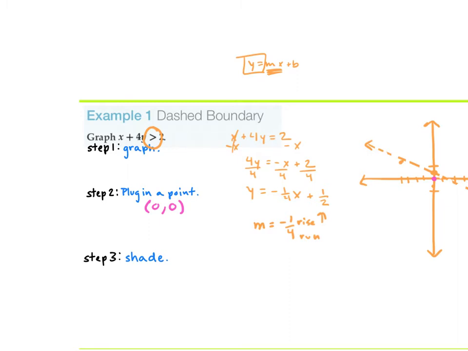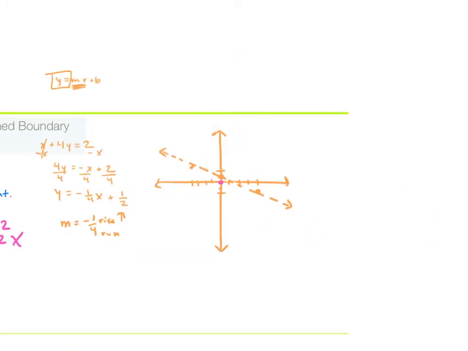So we're going to plug in 0 for x and 0 for y. So we have 0 plus 4 times 0 is less than 2. No, this is greater than. 0 is greater than 2. Is 0 greater than 2? No. So this means our point does not fall on this side.